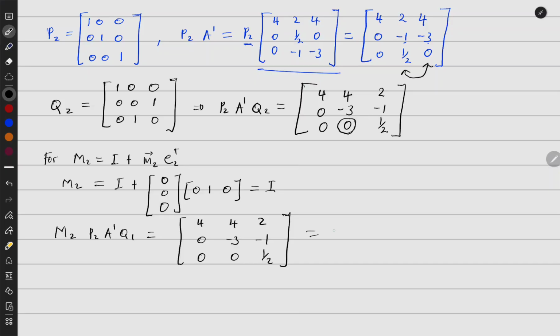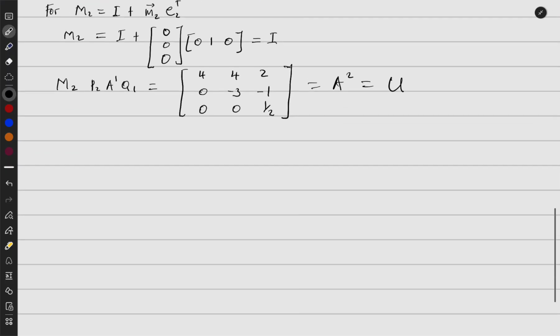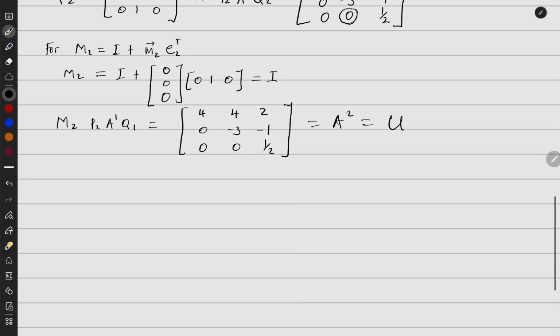Now we can call this our A2, but this is the upper. That is our upper triangular matrix. So we have gotten the upper triangular matrix, then we need to get the lower triangular matrix. To get the lower triangular matrix, we begin from the upper.